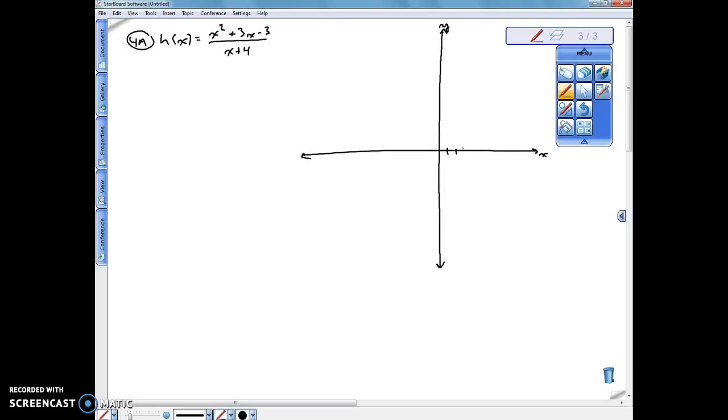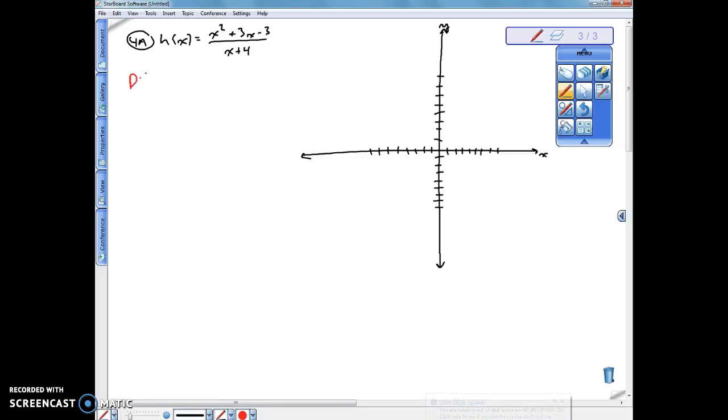So I've got my x and y axes. Make 8 in each direction. Again, it's a lot easier to do on graph paper. But anyway, here we go.